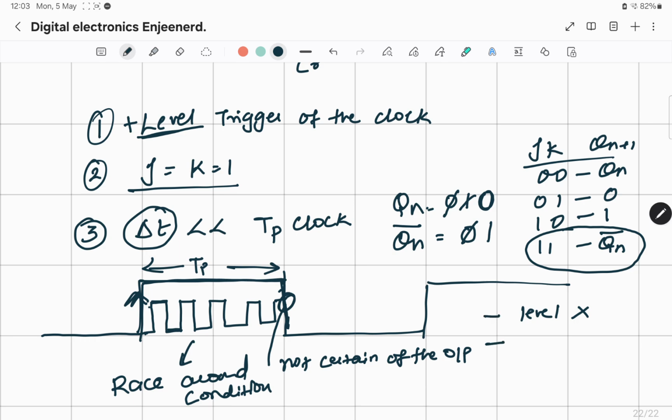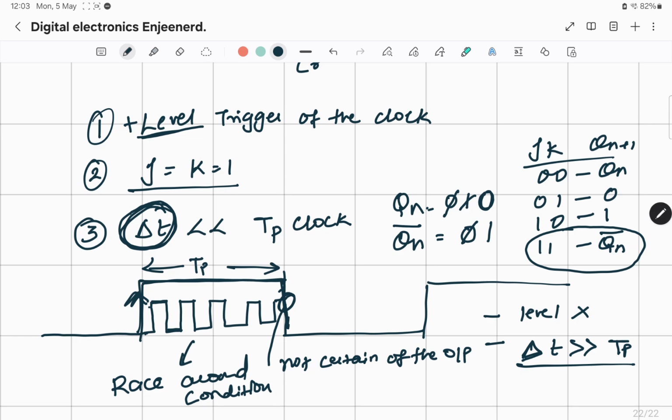The second thing is the time duration of the signal. Here my delta t propagation delay was very less than the clock signal. So what I have to do is make this propagation delay delta t much larger than my clock signal. In this case, I will be able to remove the race around condition.